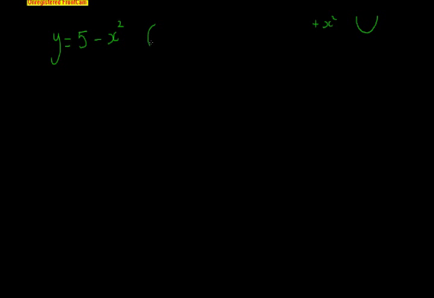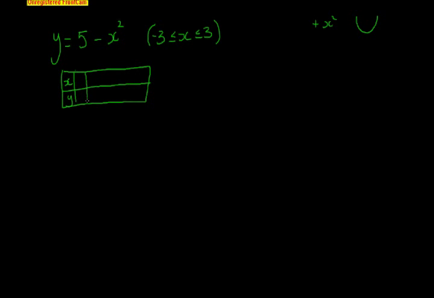Our same limits here of -3 and 3, so x is between -3 and 3. We're going to draw our table of values for x and y, and just sub all our points in: -3, -2, -1, 0, 1, 2, and 3.